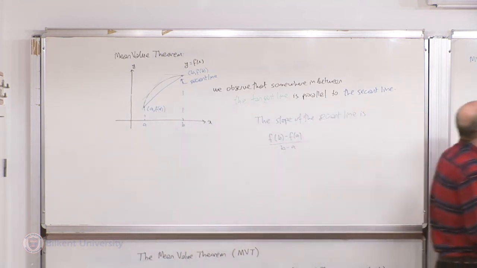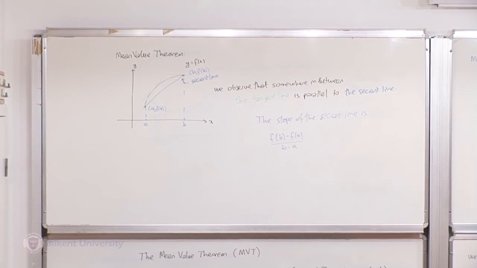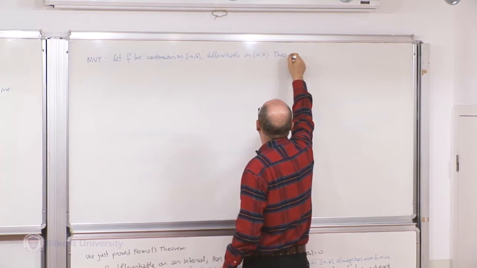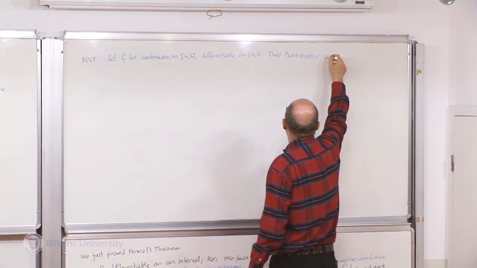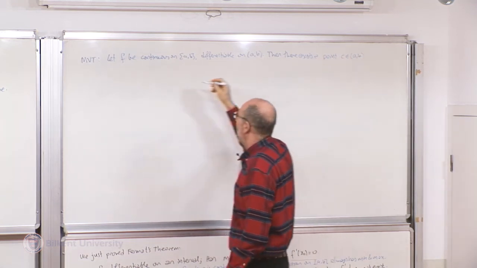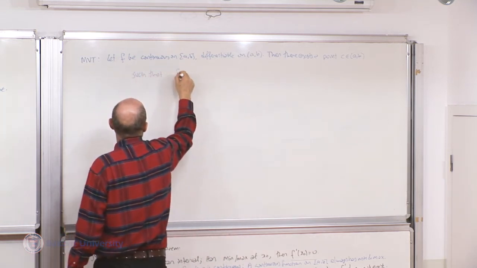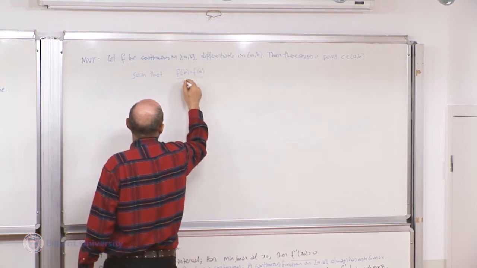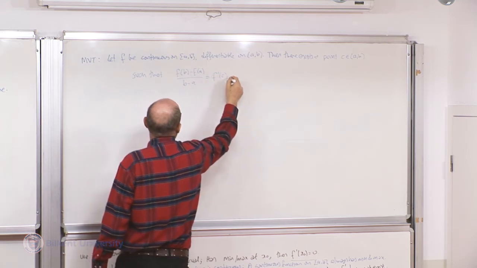So let f be continuous there, differentiable there, then there exists a point c in the interior such that the slope of the tangent line (f(b) minus f(a)) divided by (b minus a) is equal to the derivative at that point.